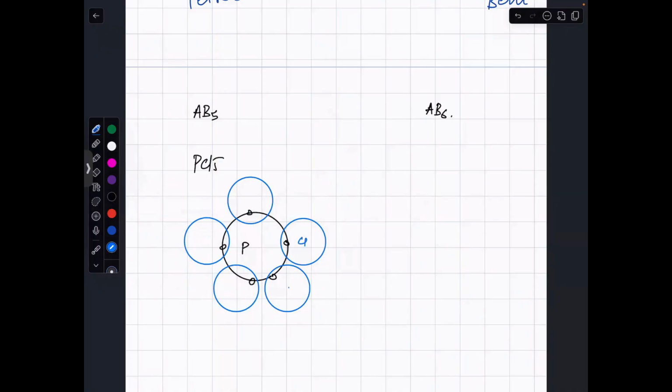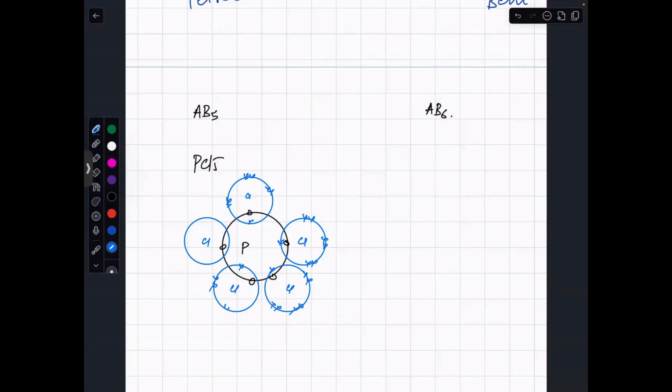This is chlorine, chlorine, chlorine, chlorine, chlorine. 1, 2, 3, 4, 5, 6, 7. So many electrons for chlorine. When I draw this SF6 and PCl5, I don't like this.